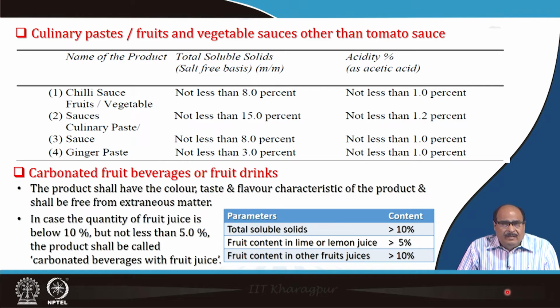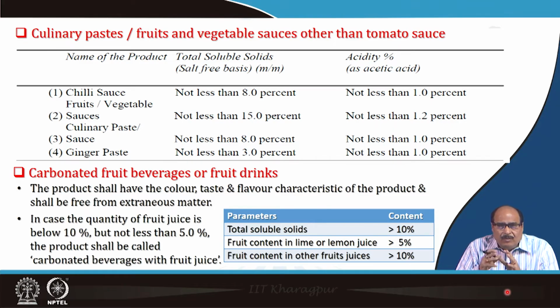Okay. Then the carbonated fruit beverages or fruit drinks. Here the product shall have the color, taste and flavor characteristics of the product and the product shall be free from extraneous matter. In case the quantity of fruit juice is below 10%, but not less than 5%, the product is called carbonated beverage with fruit juice.